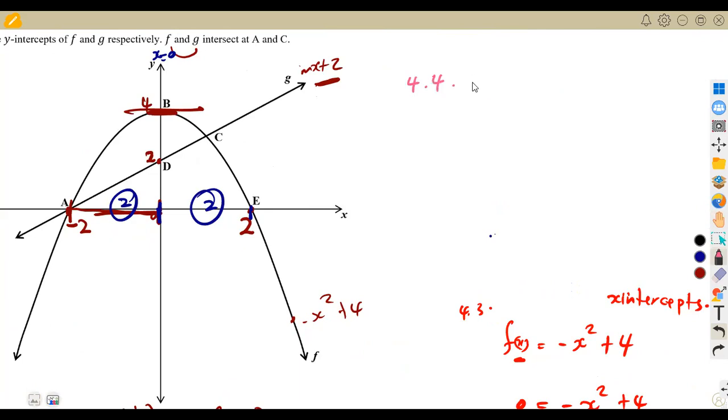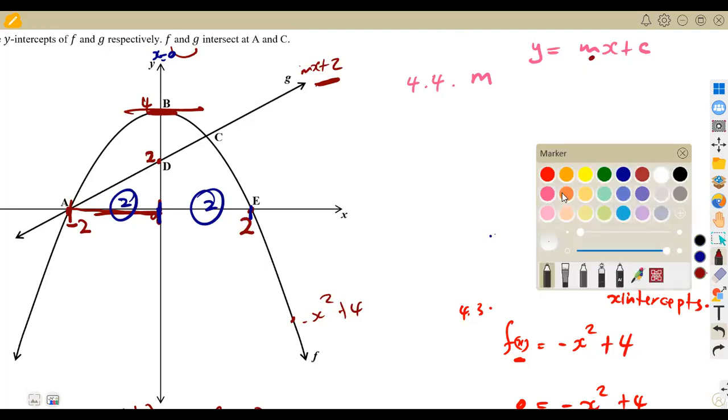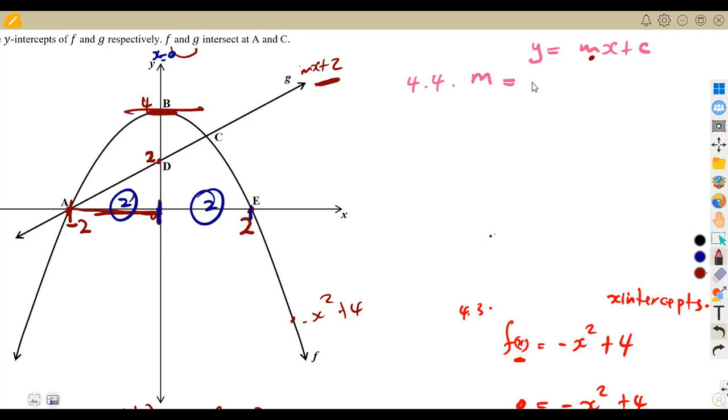Like I said, M represents the gradient. If I write my equation in the form of y is equal to mx plus c, this is the format of a straight line, and this m here represents the gradient. It represents the change in y over the change in x.